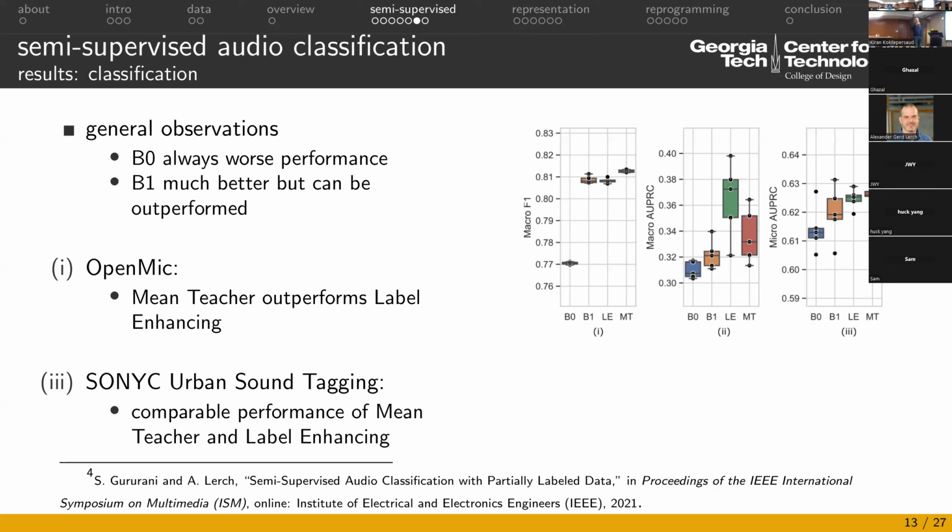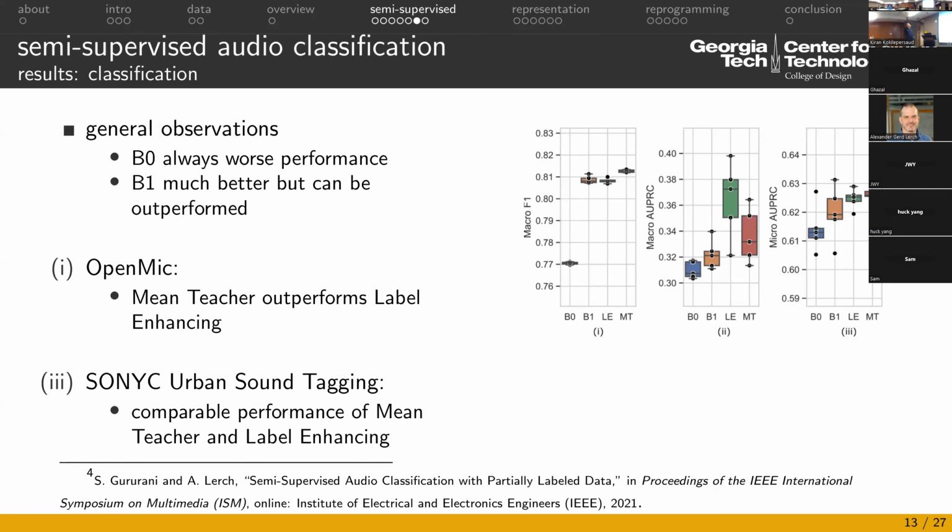Then when we look at the urban sound data set, there are some imbalance issues actually in this data set, and we haven't really dived into that imbalance issue. So that's why we report the macro and the micro accuracy.